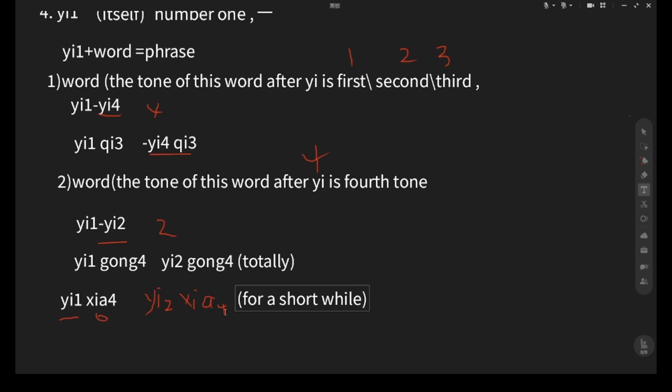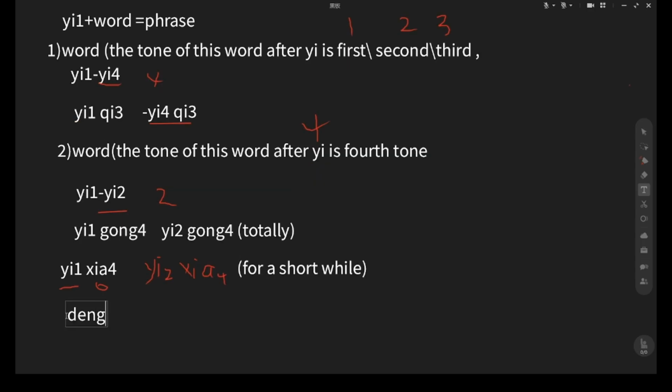For example, like I say this word. How to read this one? 等, which means to wait. If I say 等, I don't know how long.